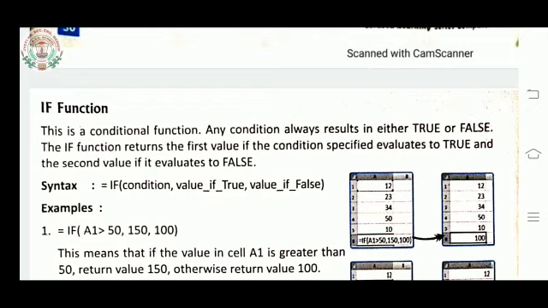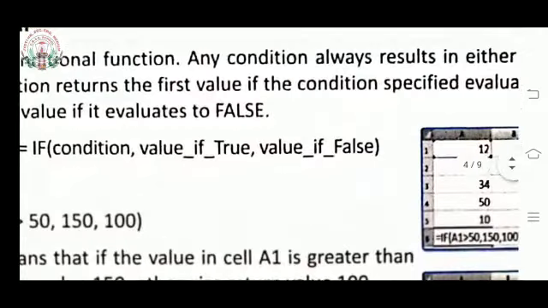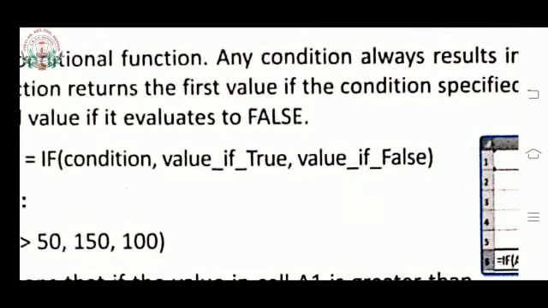So that is condition, comma, value underscore if true. The line you are seeing here is called an underscore. You don't have to type this underscore; it is only there to tell you value if true, meaning what value you want to print if the condition is true. Then comma, value underscore if false, meaning what answer you want to print if it is false.